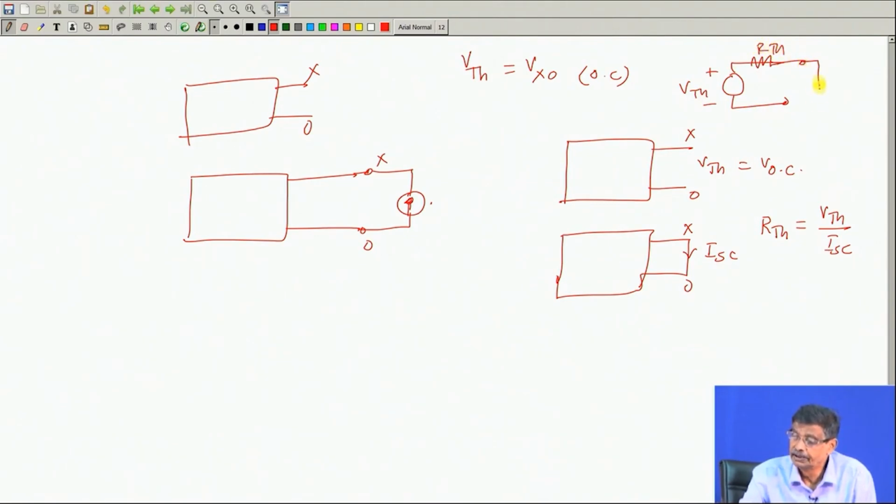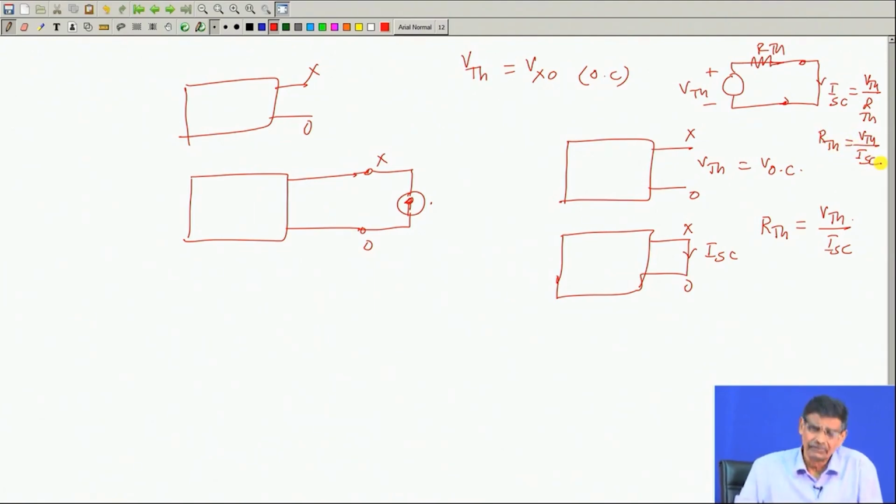What will this current be when these two terminals are shorted? ISC is nothing but V Thevenin by R Thevenin. So, R Thevenin is the open circuit voltage divided by the short circuit current.